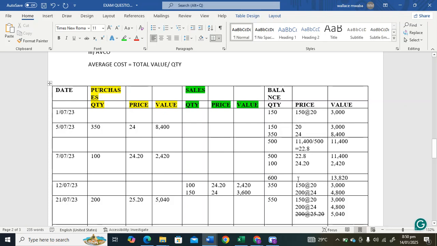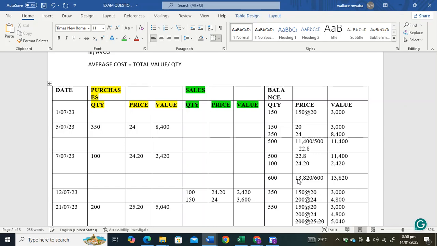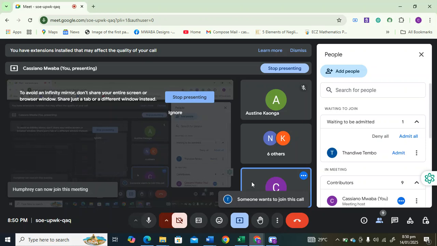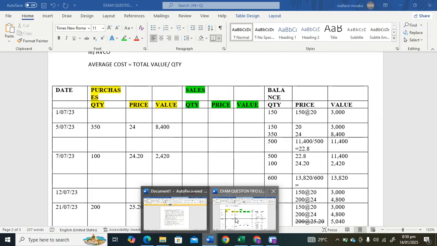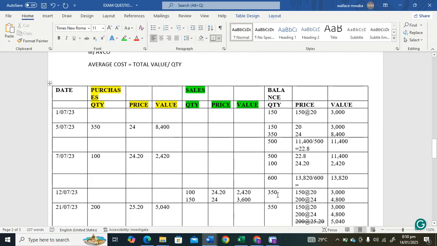Okay. So we get our average cost. So you say 13,820 divided by 600. What do we get? 23.03.